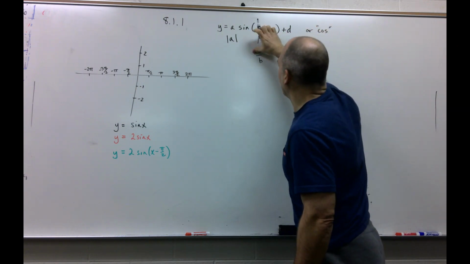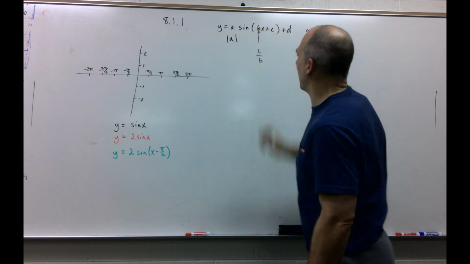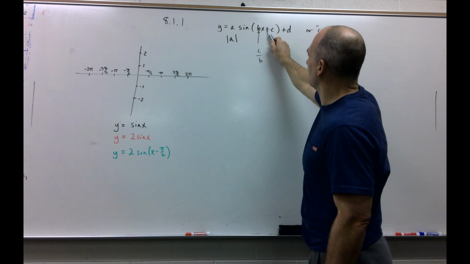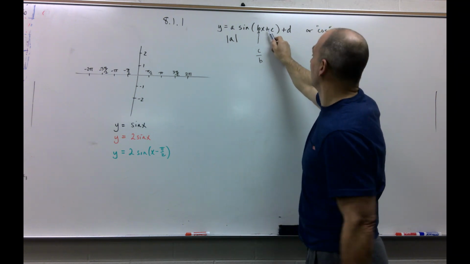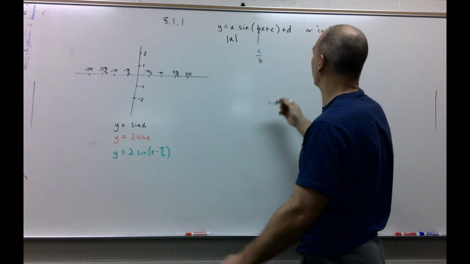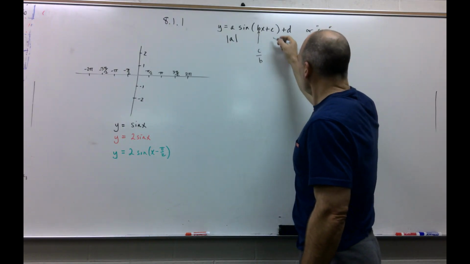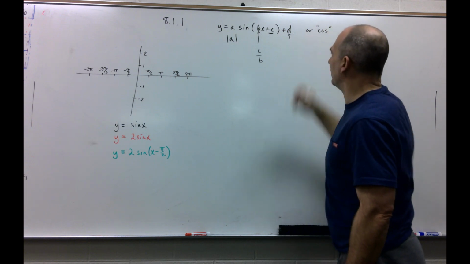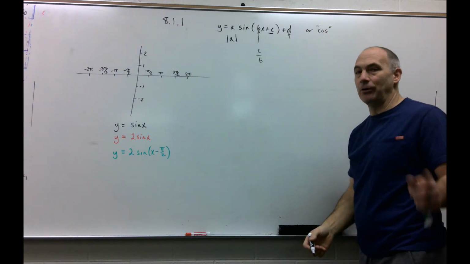Now, when I teach this, I eliminate that plus or minus as part of the formula because if this is plus, it's left. If it's minus, it's right. It's just your basic rules of transformations. So, we just explained this. And then D is up D if it's positive, down D if D is negative.